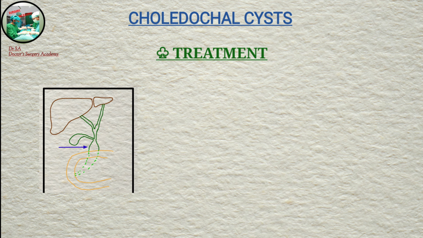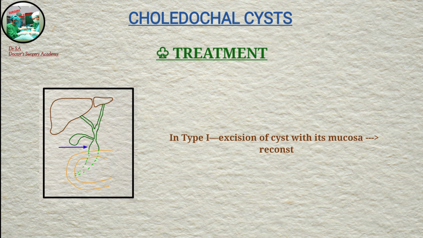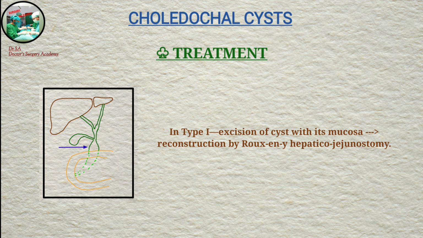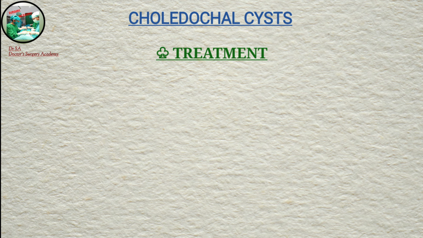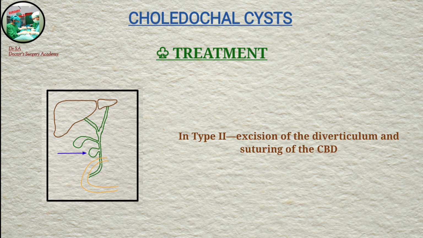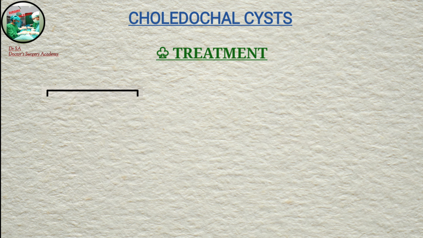For type 1, the standard treatment is complete excision of the cyst along with its mucosal lining, followed by reconstruction of the biliary drainage, most commonly with a Roux-en-Y hepatico-jejunostomy, so that bile drains from the liver directly into the small intestine. Type 2. The cystic diverticulum is excised and the opening in the common bile duct is closed primarily.